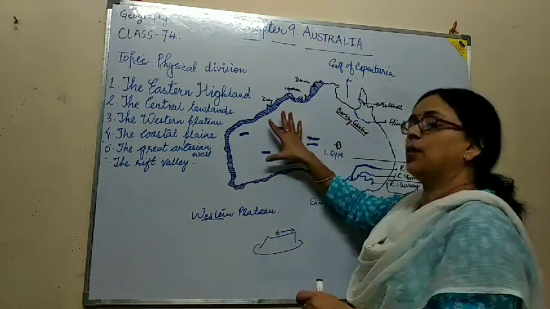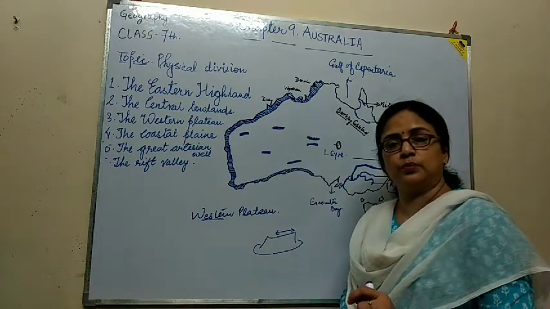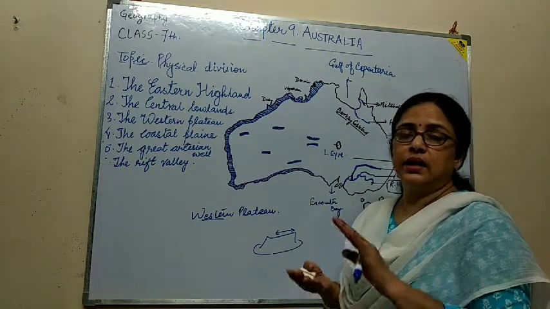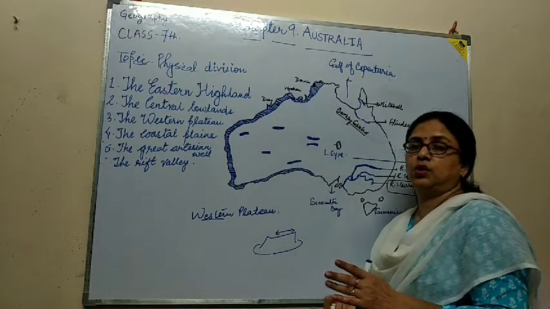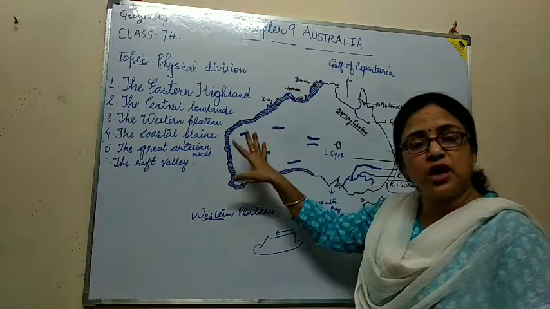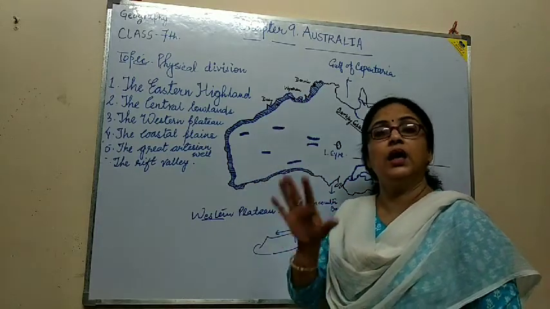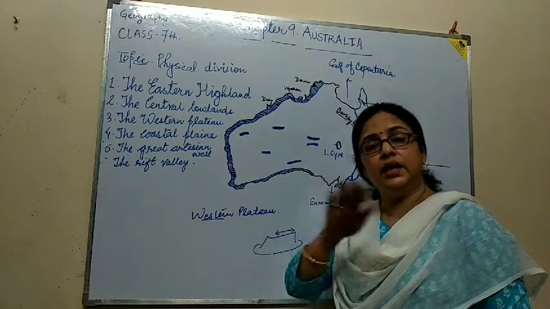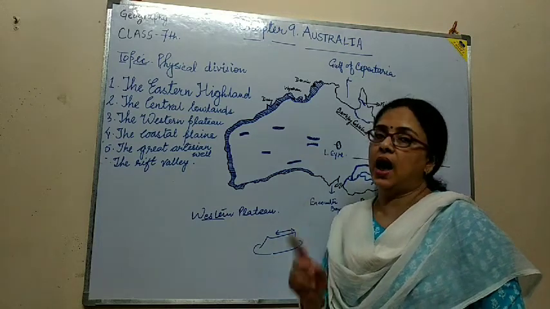The plateau is composed of sandstone and limestone, which lie in horizontal layers over the igneous rocks. What does it mean? Basically, the structure of the Western Plateau is formed by igneous rocks. Over it, there is a horizontal layer of sandstone and limestone.